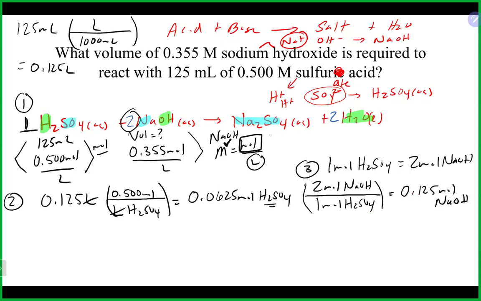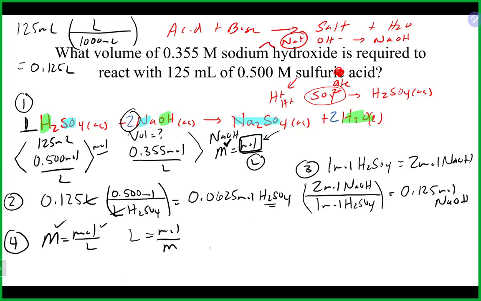So that was really the whole purpose of stoichiometry in this step, is for us to get to those moles of sodium hydroxide. Now that we have it, we could do our fourth step, which is really just rearranging the molarity equation and solving for liters. So liters would be moles divided by the molarity.